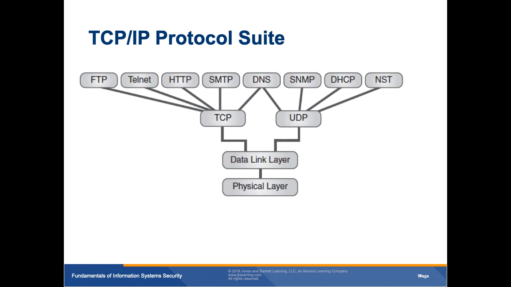And you have TCP, which is an error-correcting and connection-oriented protocol, and UDP, which is a connectionless protocol. UDP just sends and forgets; it doesn't care. TCP sends and monitors and makes sure all the packets arrive, and then they go down to the IP layer, the network layer, and then the data link layer and the physical layer.